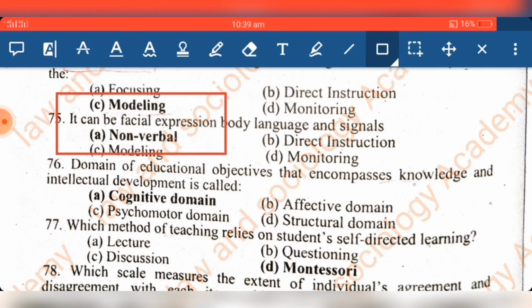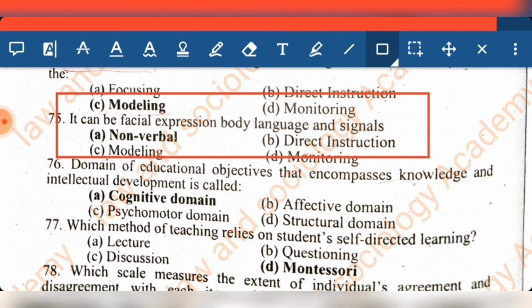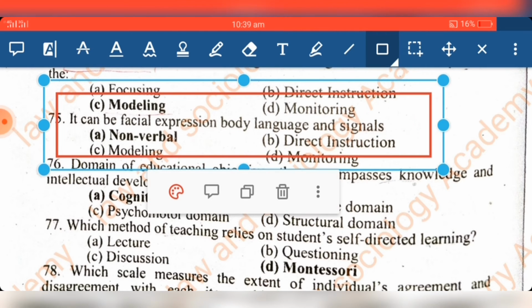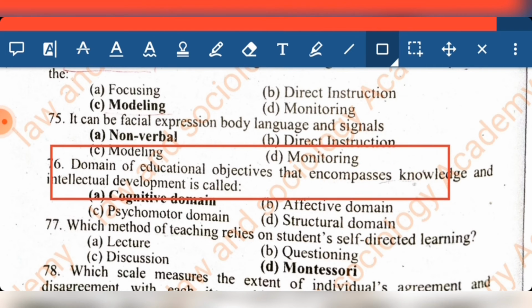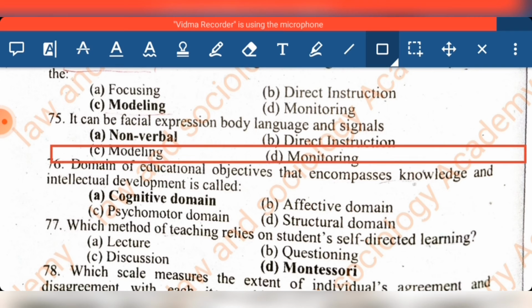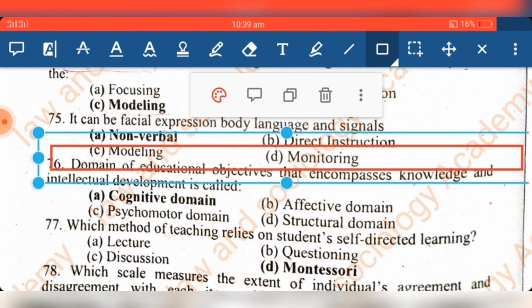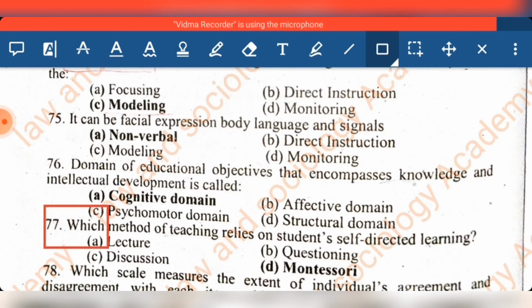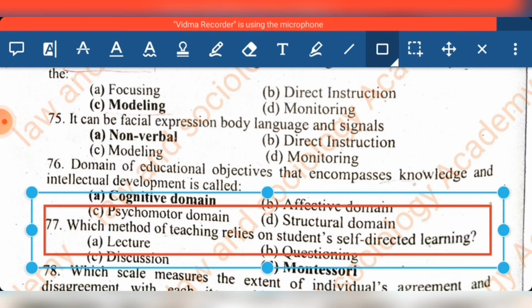It can be facial expression, body language and signals. Non-verbal. Domain of educational objectives that encompasses knowledge and intellectual development is called cognitive domain. And which method of teaching relies on students' self-directed learning?